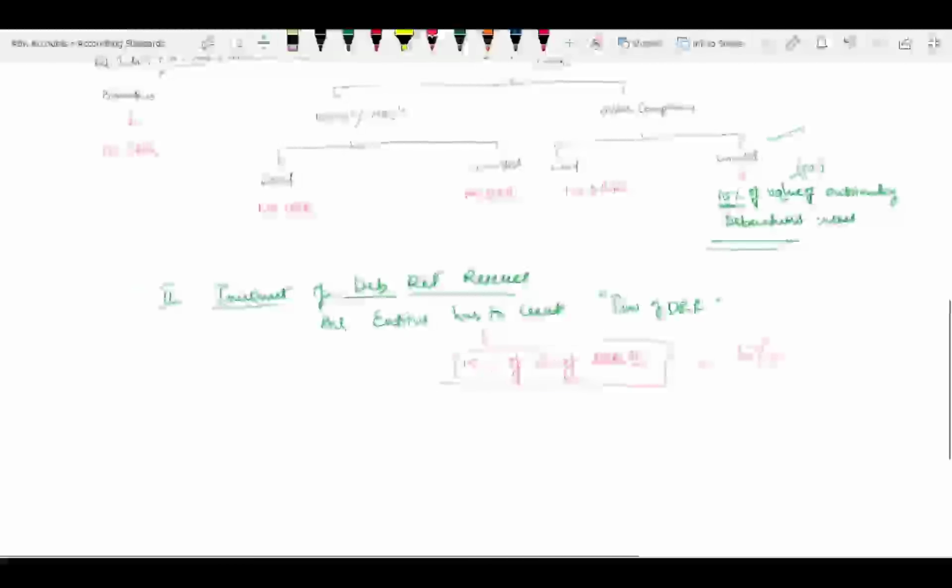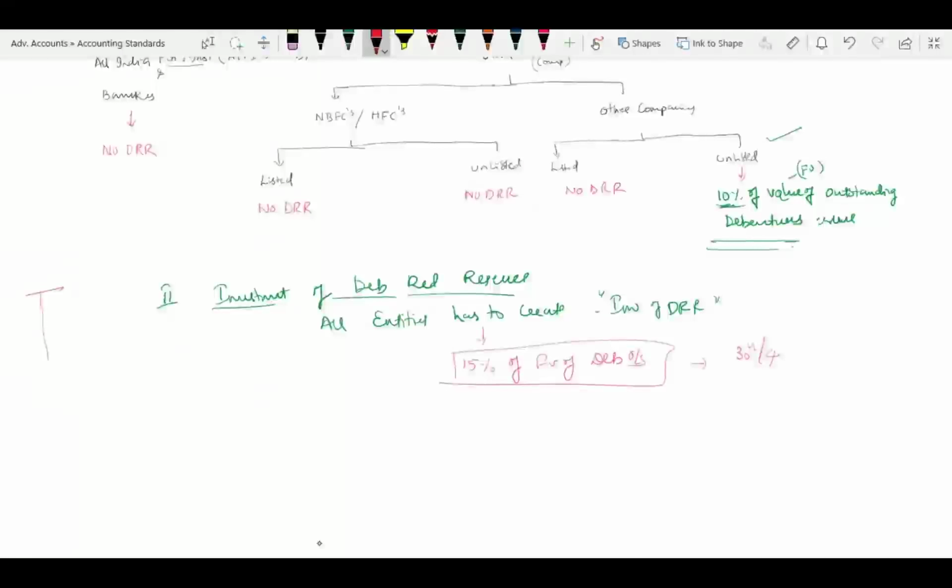Suppose this year you issue the debentures, meaning you collected the amount, correct? Now suppose you are covered by the 10% unlisted criteria. So DRR you are supposed to create is 10%, by 1st April or the end of that year, as well as by the end of 30th April.